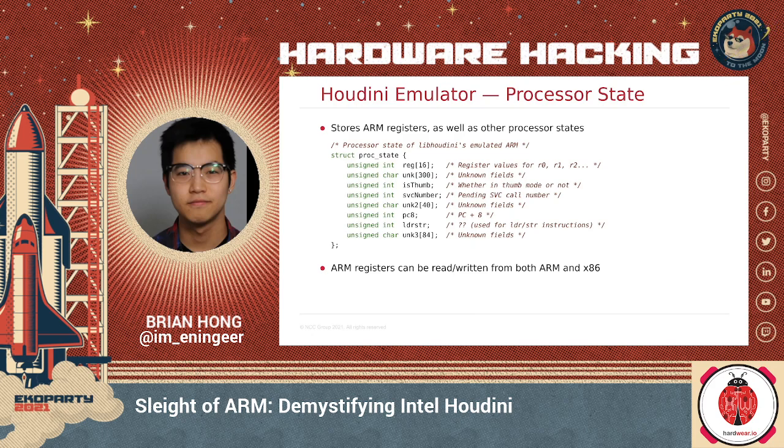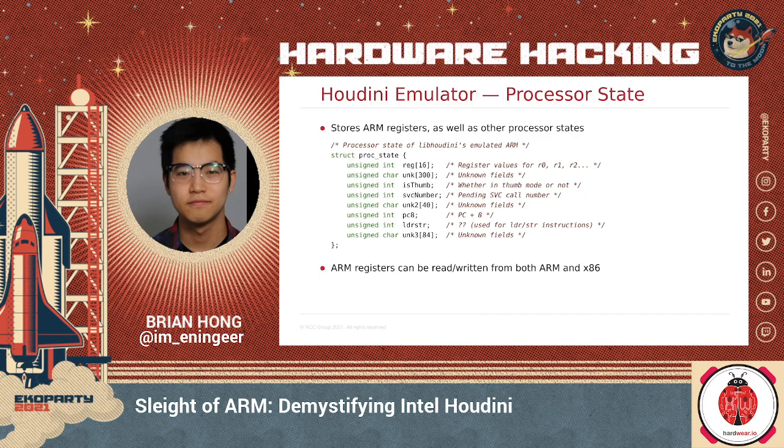So the processor state struct keeps track of the ARM processor state. It's fairly simple. Mainly there are the registers, which contain the program counter, the stack pointer and the general purpose registers. There's another field that tells you whether it is currently in thumb mode or not. There are many other fields in there which I couldn't figure out what they're used for.